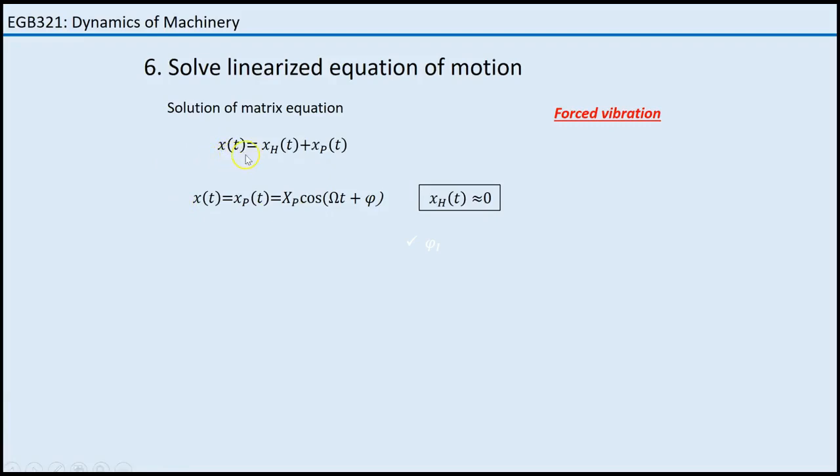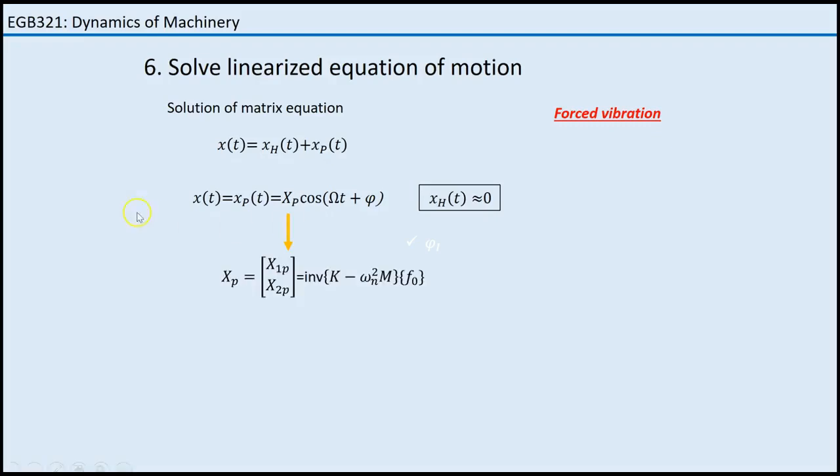The homogeneous part actually disappears after a while, which we can write as equivalent to 0. So that's why we are more interested in the particular solution, which can be expressed like this, where xp is the amplitude of this particular solution.